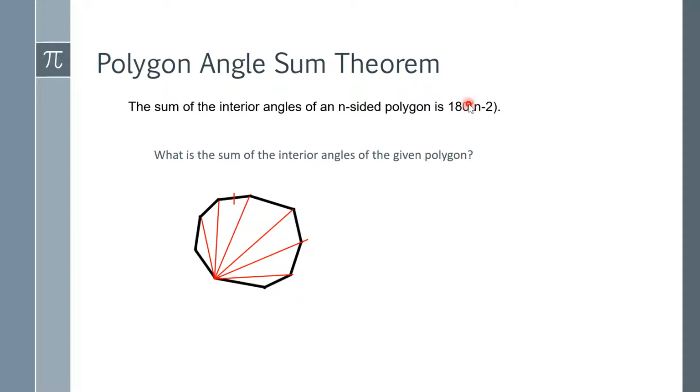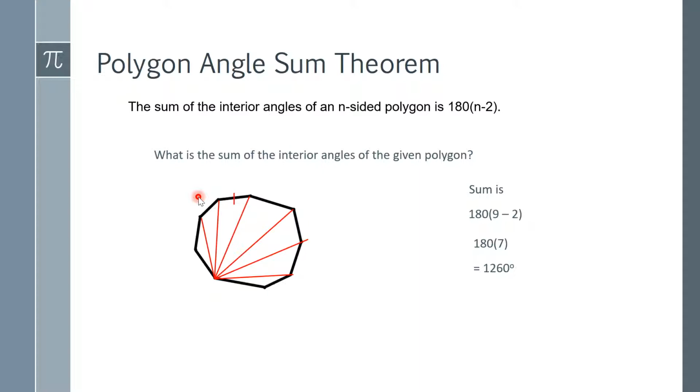Each triangle has 180 degrees, which gives us the total of all the angles in the polygon. So for this nonagon, we fill into the formula 180 times n minus 2. 9 minus 2 is 7, so we've got 180 times 7, and 180 times 7 is 1,260.